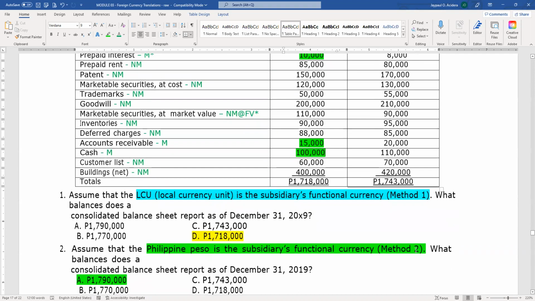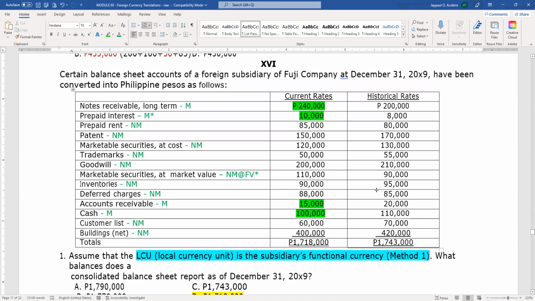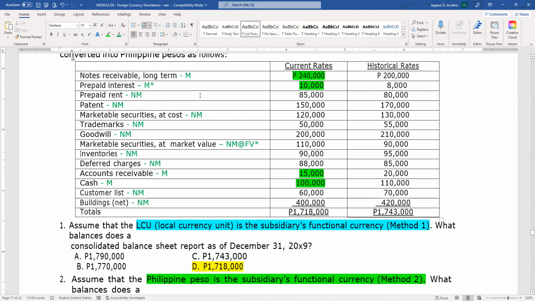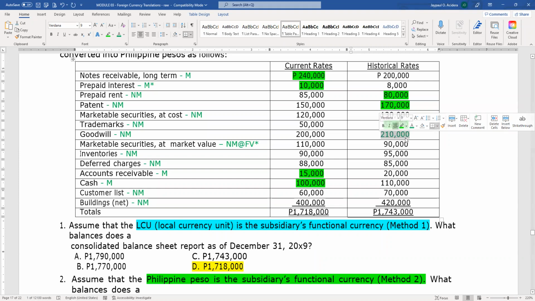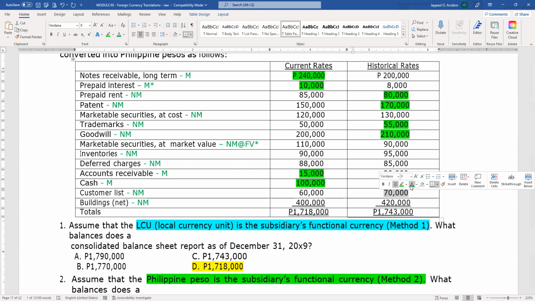Again, remember method 2 ang kino-compute natin, ha? Next, yung mga historical rates naman natin. Prepaid rent, non-monetary, therefore historical rate. Patent, lahat ng intangible assets, historical rates yan. So patents, trademarks, goodwill, customer list.